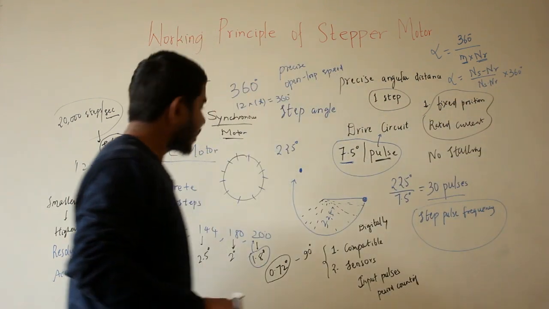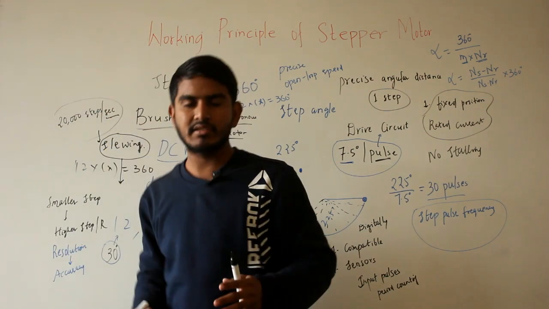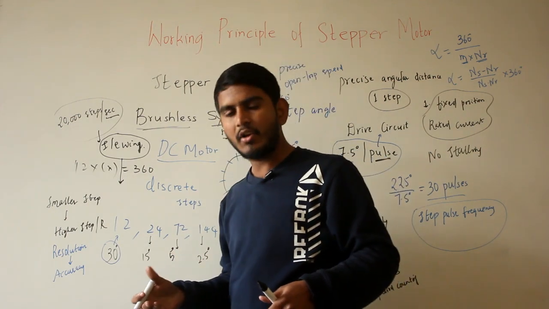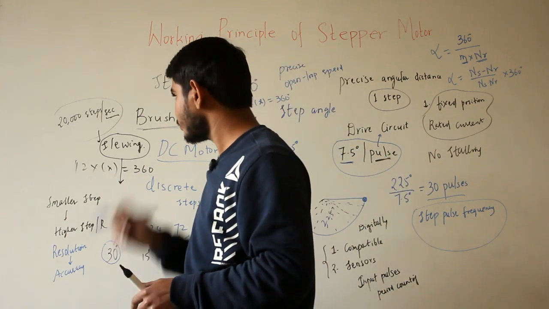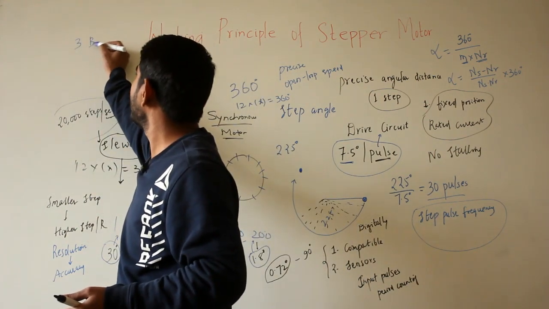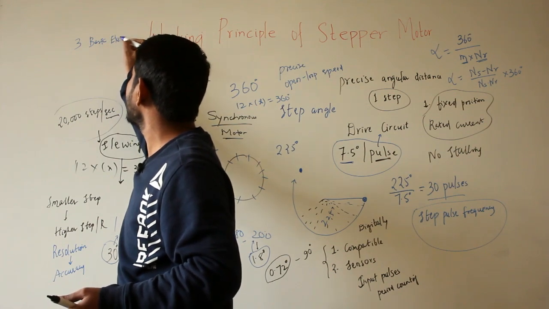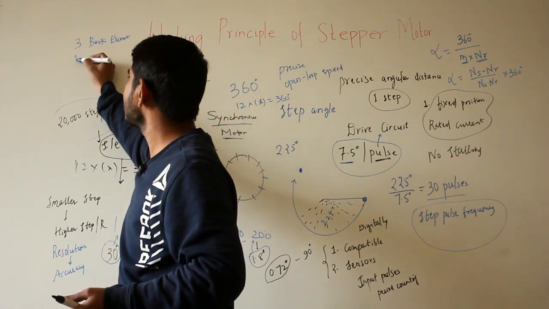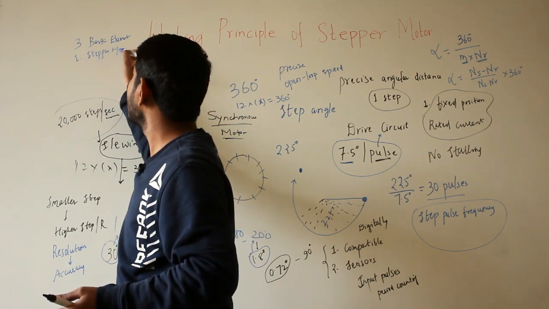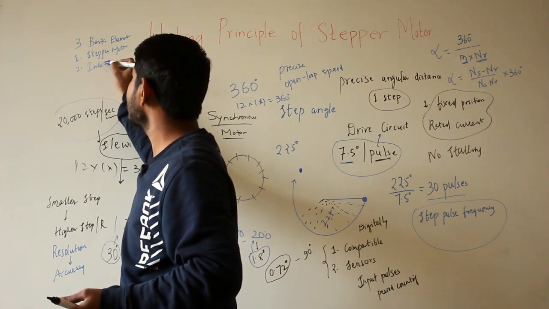Now if I talk about the stepper motor system, it consists of three basic elements along with some user interface. One is the stepper motor itself, and the second one is the indexer.